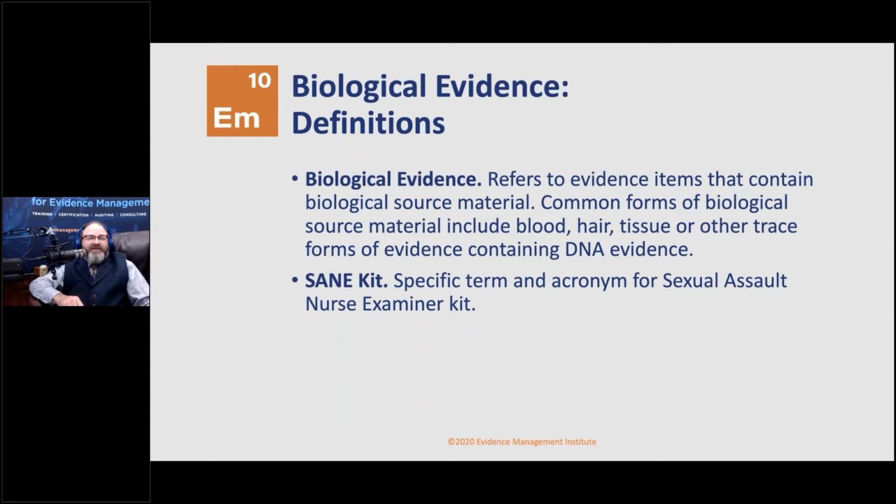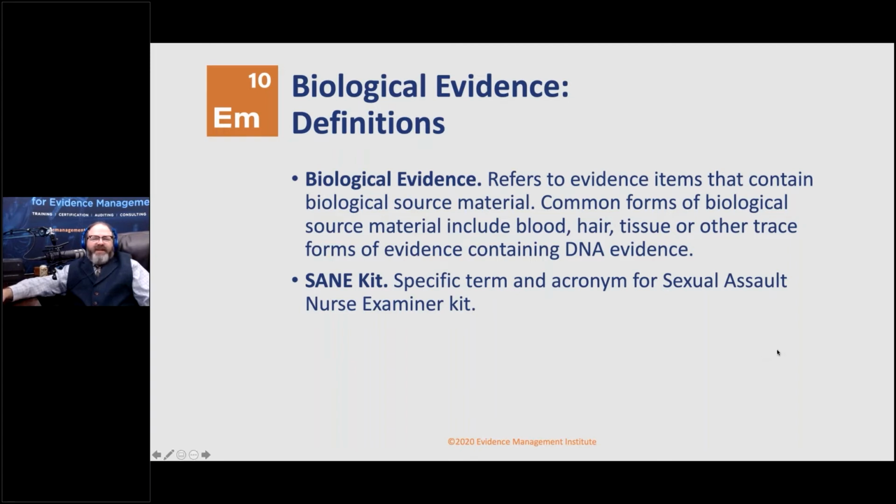In the state of Texas, they define biological evidence as anything that may contain biological evidence, which was a terrible definition. Our legislators just weren't that good at writing laws, because anything may contain. So we like to constrict that definition down a little bit to things known or believed to contain biological source material.